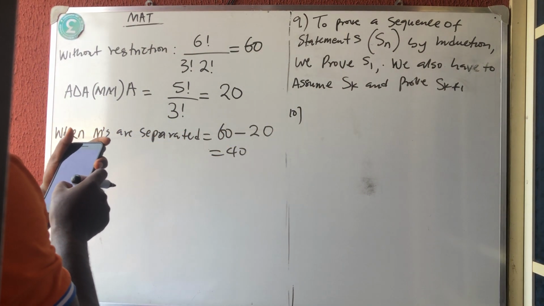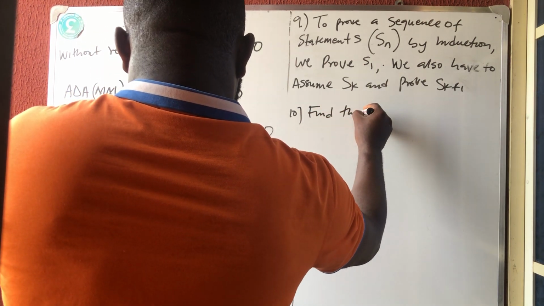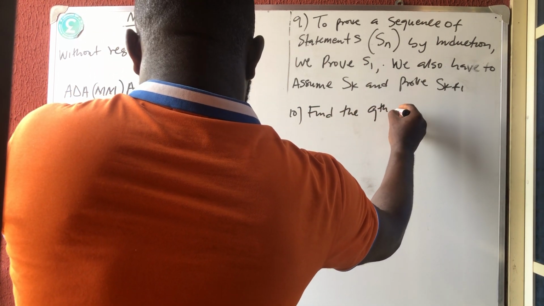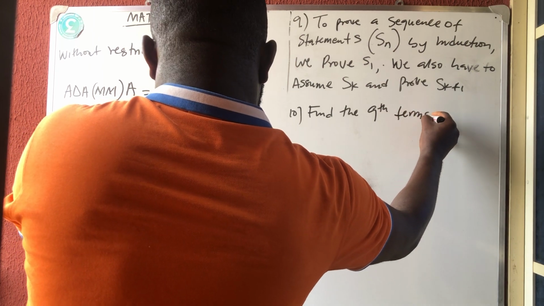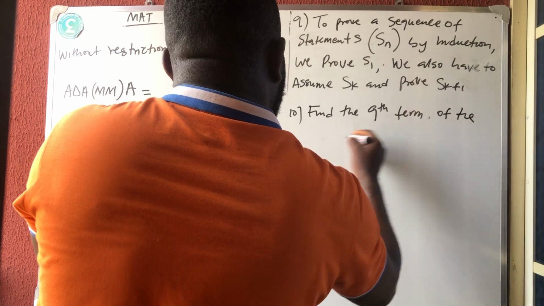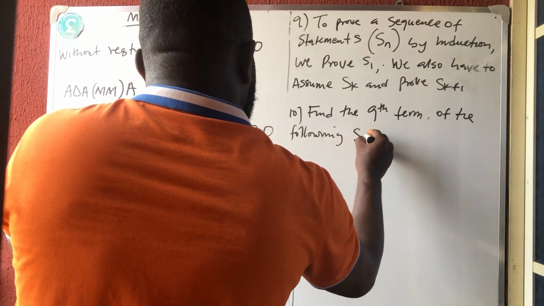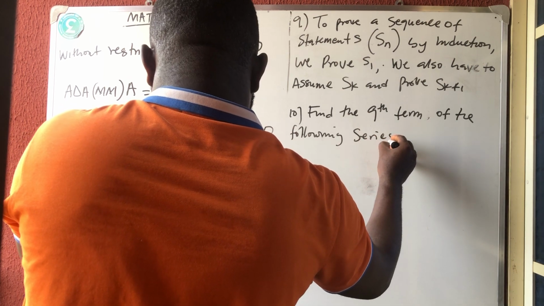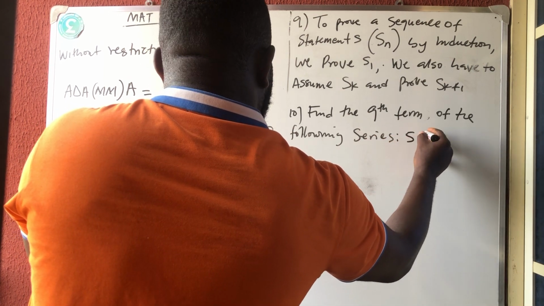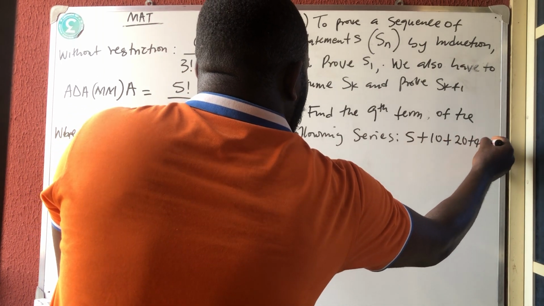Number 10 question says find the ninth term of the following series: 5 plus 10 plus 20 plus 40 plus dot dot dot.